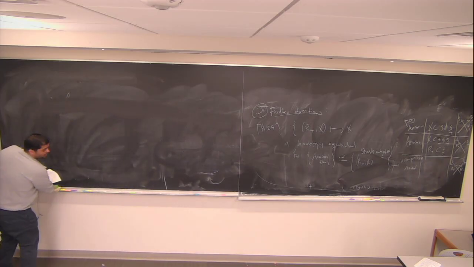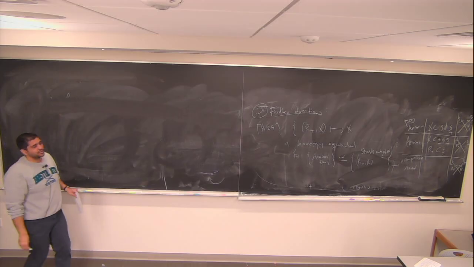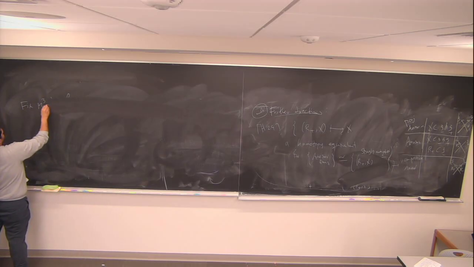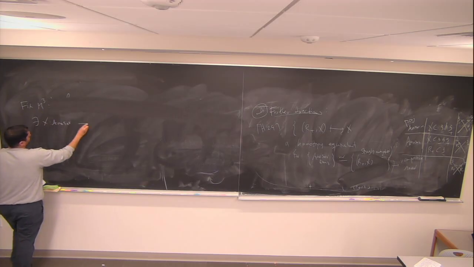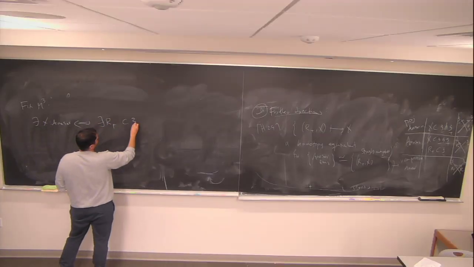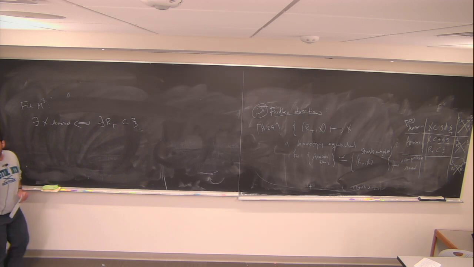And for instance, if you want to think about the existence problem, then if you have a three-manifold, there exists some Anosov flow if and only if there exists some Reeb vector field contained in some negative contact structure.